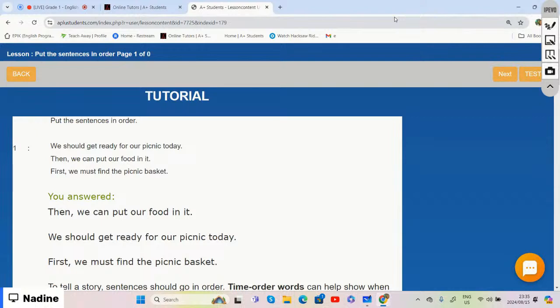And if we were to put the sentences in order, right? And it says we should get ready for a picnic today, then we can put our food in a. Finally, we must find the picnic basket.